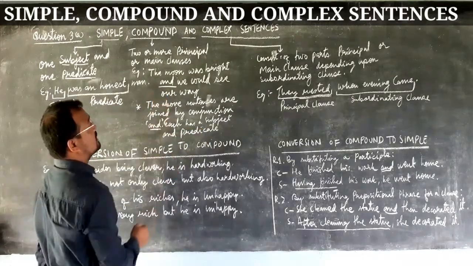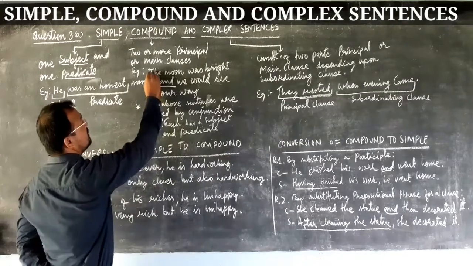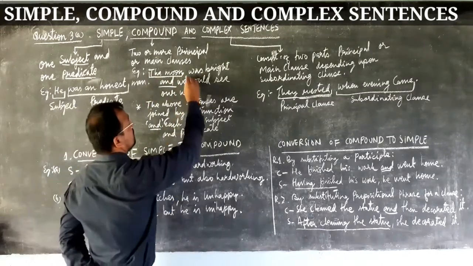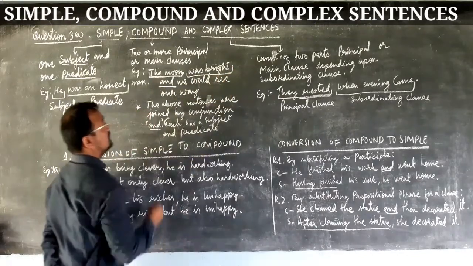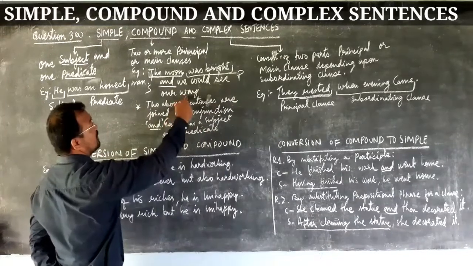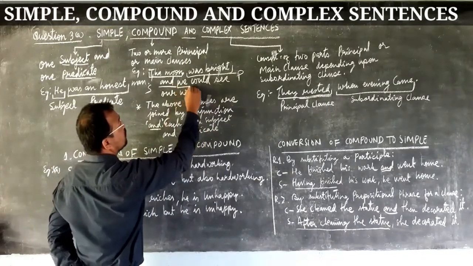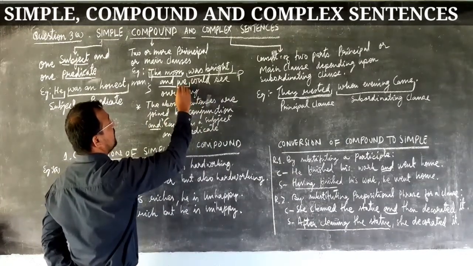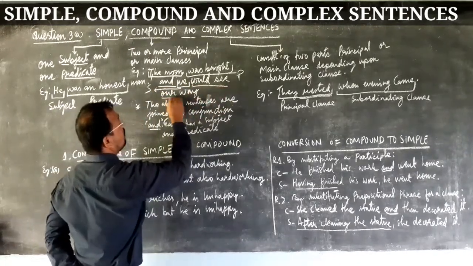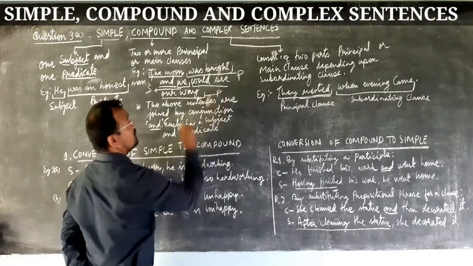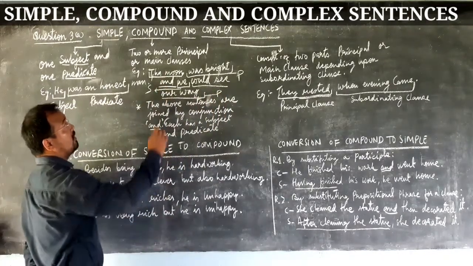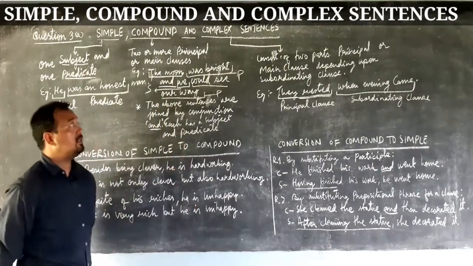Each of the sentences has a subject and a predicate. The moon is the subject in the first sentence and the rest is the predicate. In the same way in the other sentence, we is the subject, and could see our way is again the predicate. So there are two sentences joined by a conjunction, and that is why it has two or more principal clauses.